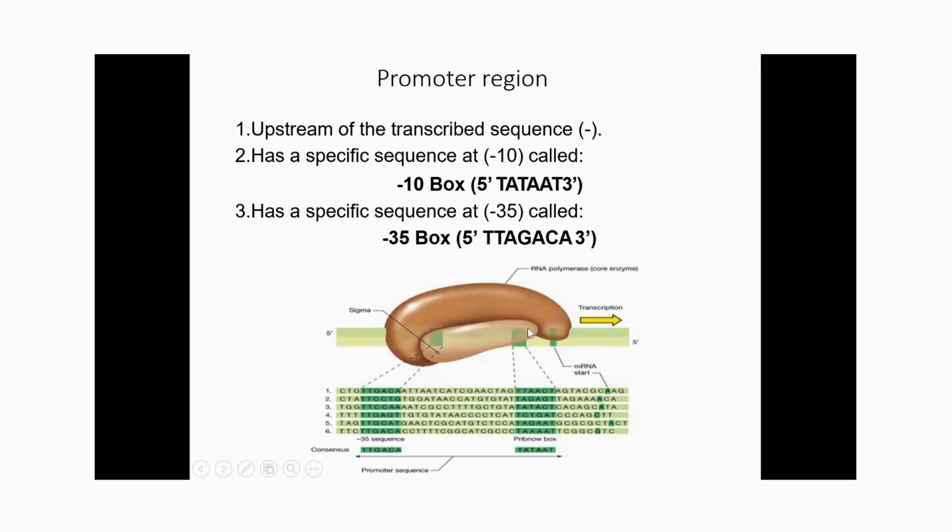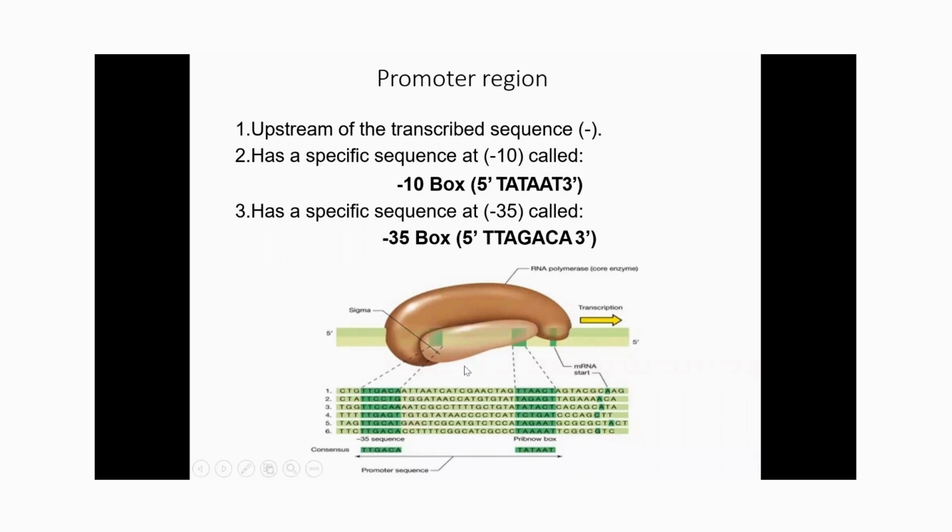Various subunits are present in the RNA polymerase enzyme: two alpha subunits, a beta subunit, a beta dash subunit, and a sigma subunit. That means the RNA polymerase enzyme is composed of a total of 5 subunits.